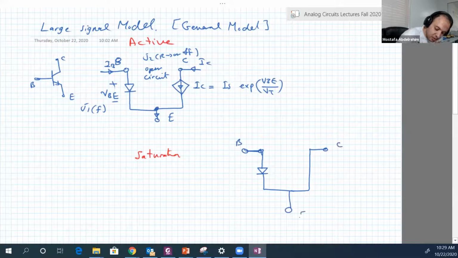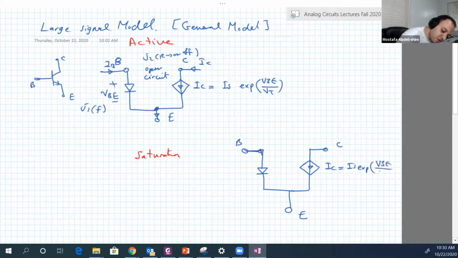Base, collector, emitter, and here we have IC equals IS exponential VBE over VT, and here is VBE. But now there is a forward junction between the base and the collector, so we should have another diode here.